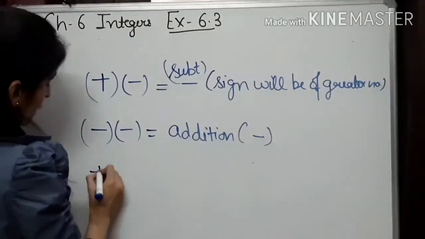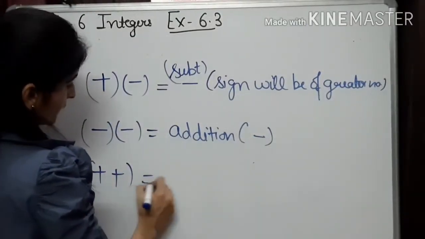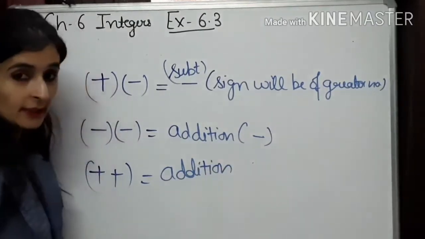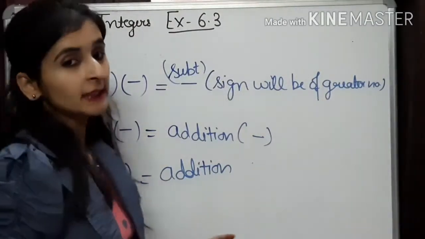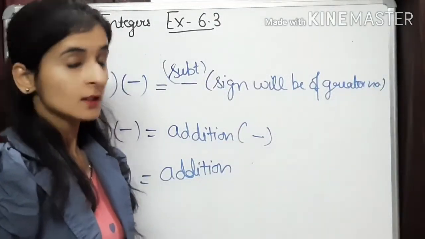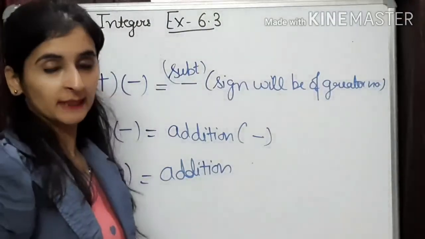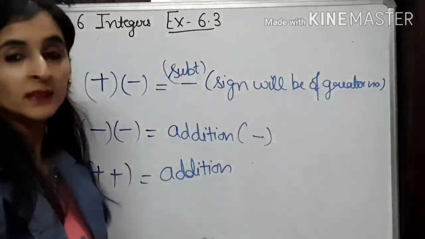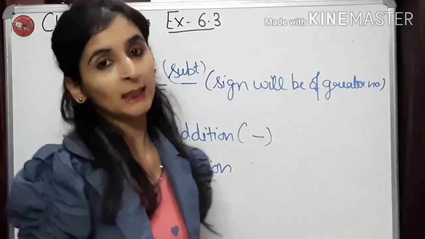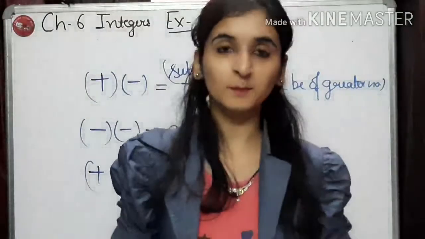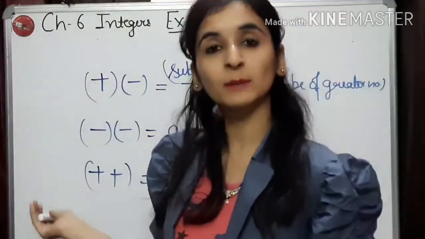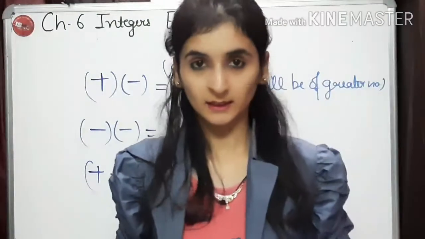And if we have both the positive integers, then we will only do addition, right? So these were 3 points which we have discussed in our last lecture. While doing addition or subtraction of integers, you have to remember these 3 points in your mind. Addition is same like subtraction and subtraction is same like addition of integers.